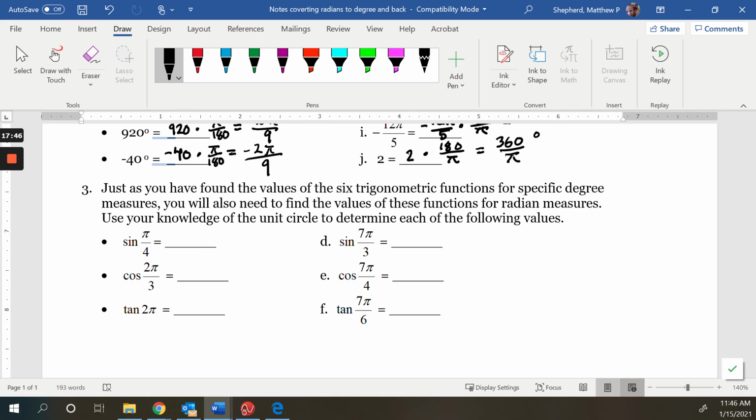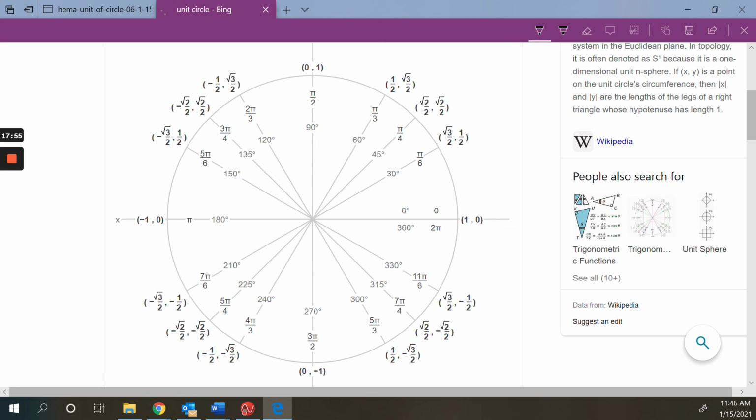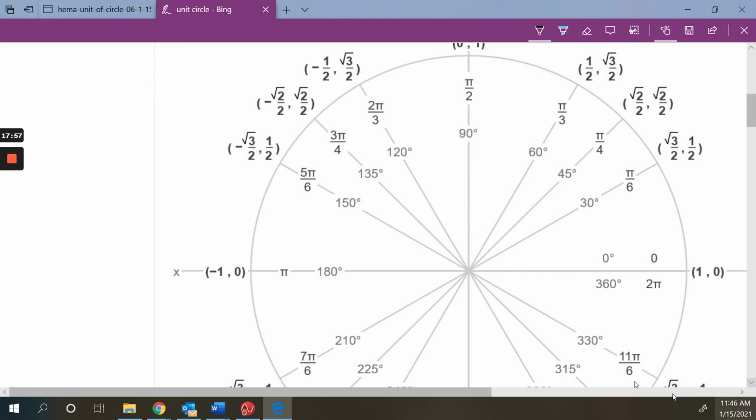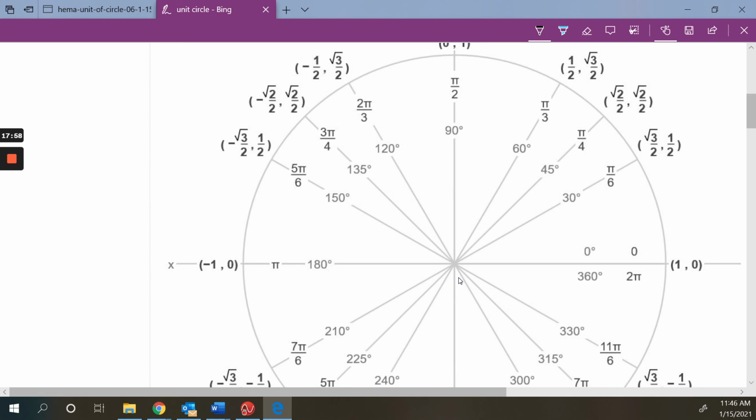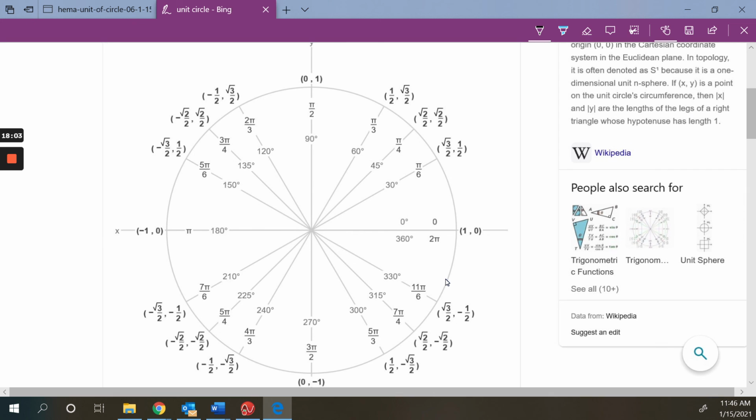So, sine of pi over 4. Now, one thing to remember as we do this is that we're using these numbers here. They've got an xy coordinate.